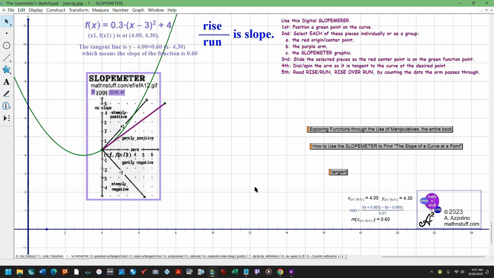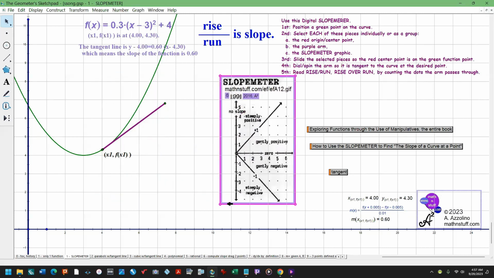Now, you can count the dots. That's the only way you can do it if it's a concrete manipulative, but since it's digital, we can move the slope meter and just expose the arm.